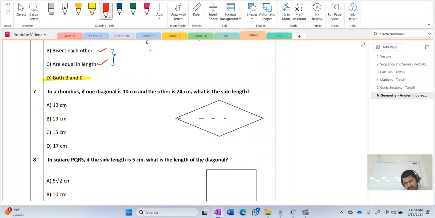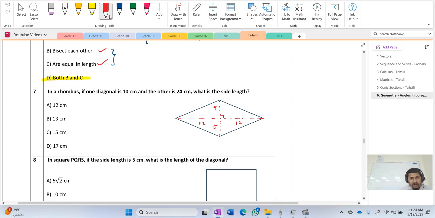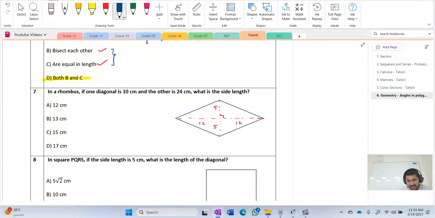What is the side of the rhombus? You have a Pythagoras thing happening here, because you have a right angle triangle, and the side is the longest side. So the longest side is the square root of 12 squared plus 5 squared.